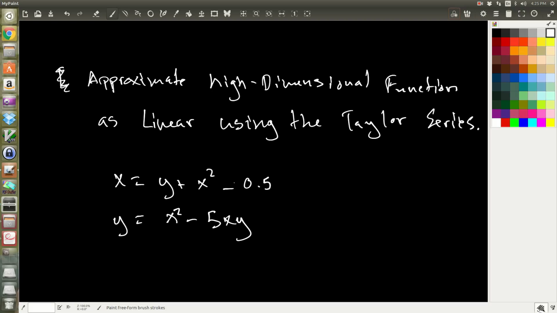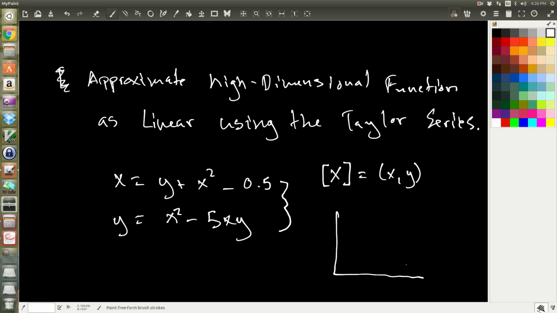Well, I can think of these two nonlinear functions as one vector valued function. So I'm going to write this vector x, and the vector x is just going to be an x and a y point. Okay? So in 2 dimensions you could think of that as x here is a vector.